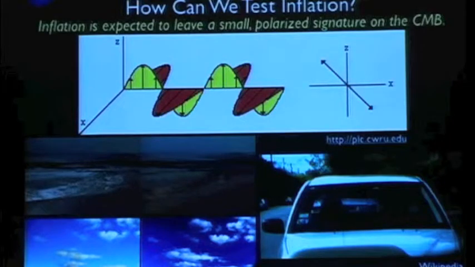Well, polarization in everyday life, of course, has to do with the orientation of the electric field. Different physical processes actually have different polarizations, and that's why your sunglasses work well. Your polarized sunglasses cancel glare, and things look different in polarized light than they do in non-polarized light. So the approach here is to use polarized light to get to the inflationary signature that is produced by gravitational waves during the inflationary part of the period of the universe.